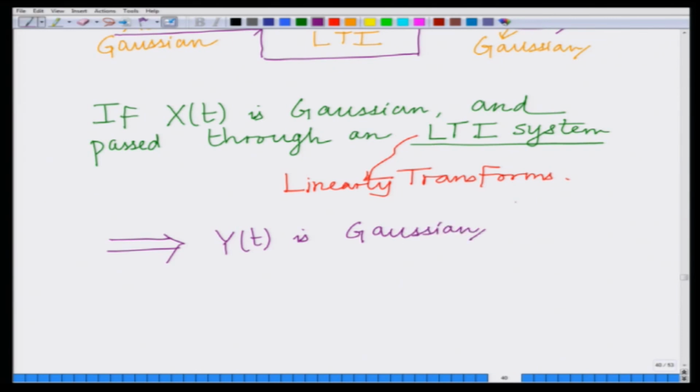We had already seen that if the input is wide sense stationary, the output is wide sense stationary. Now, we are saying if the input is Gaussian, then the output is also Gaussian, because Gaussianity is preserved under linear transformation. This is a very interesting result.